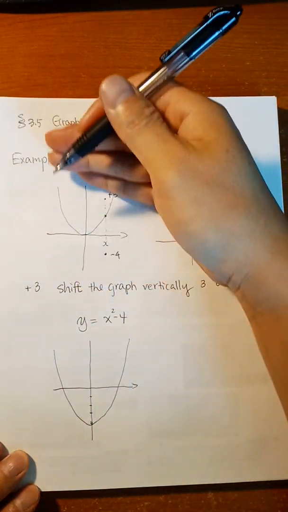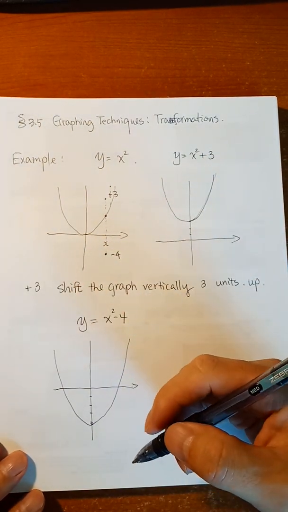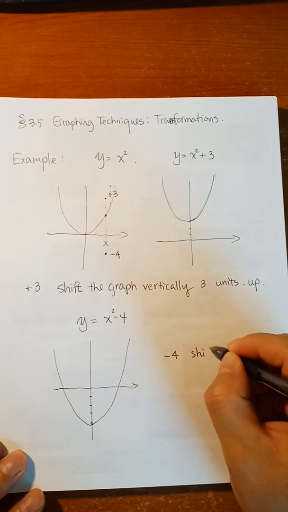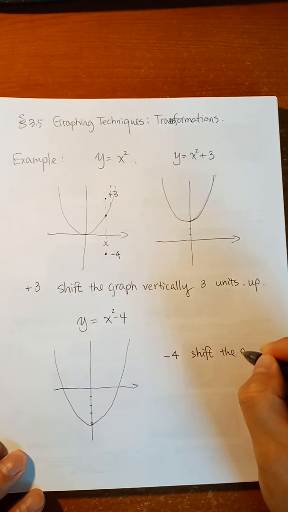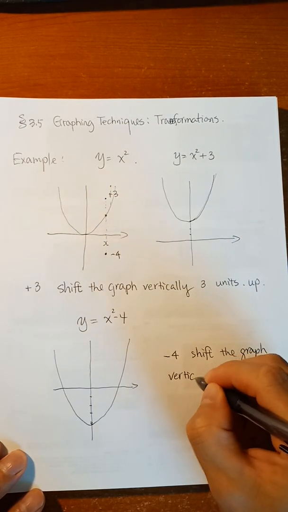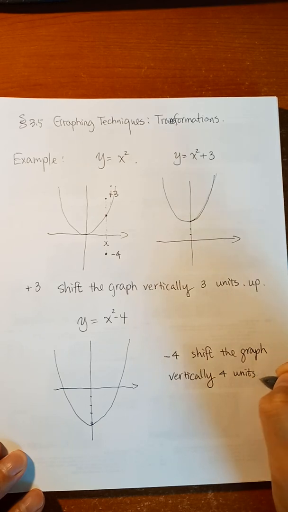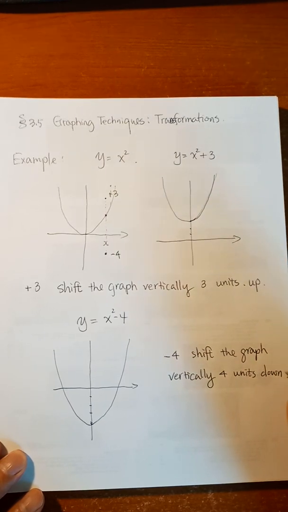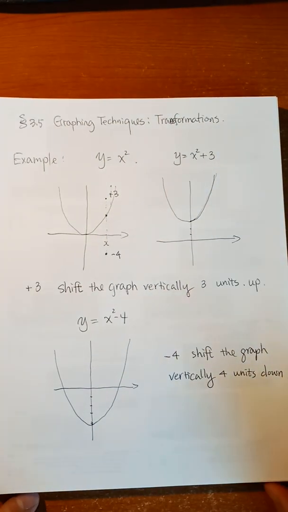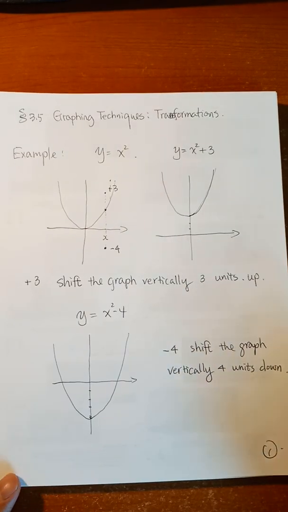Just push or shift the graph of y equal to x squared vertically down 4 units. So minus 4, shift the graph vertically 4 units down. Addition, upward. Subtraction, downward. Okay, so this is a pretty straightforward observation.